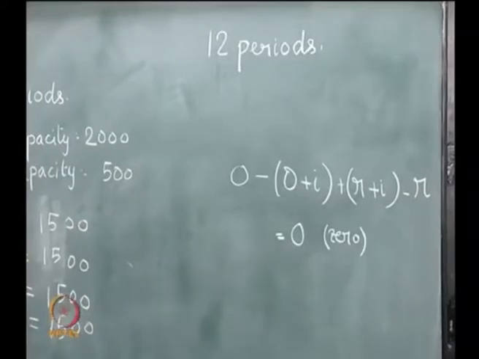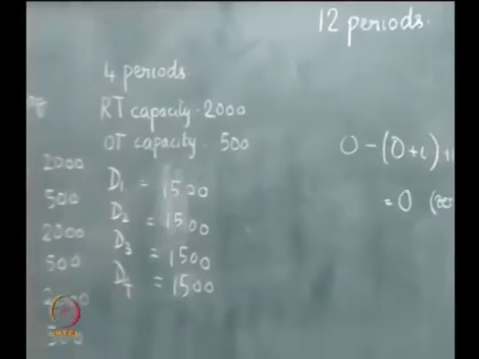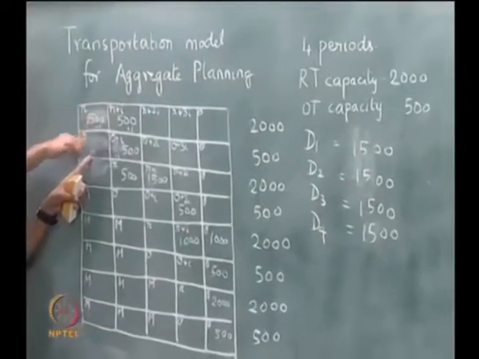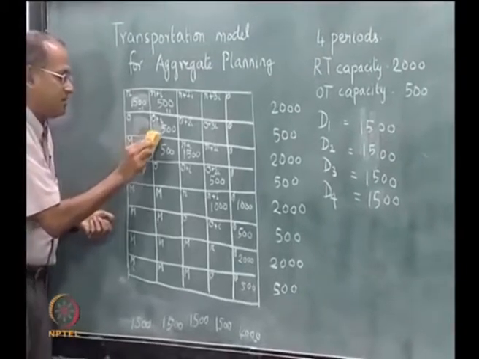So, we observe here that if we try and put a plus 1 here, there is not a gain, the cost remains the same.